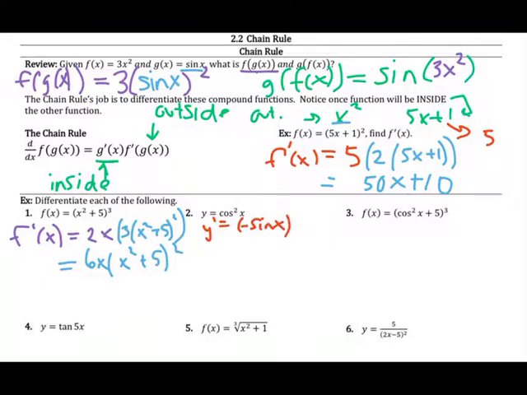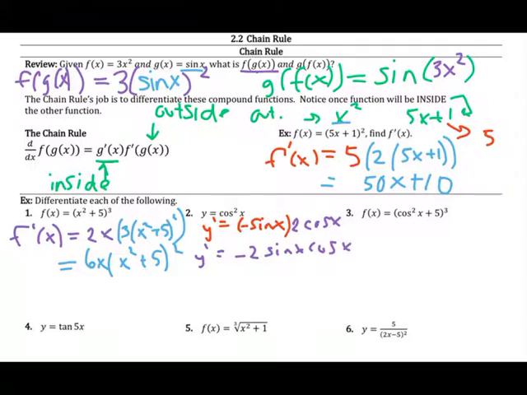The derivative of the outside function, the derivative of squared, basically, is 2 times cosine of x to the first power. And then I'm just going to write this a little bit nicer: negative 2 sine x cosine x.